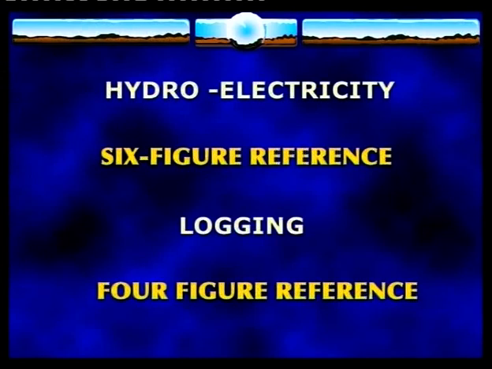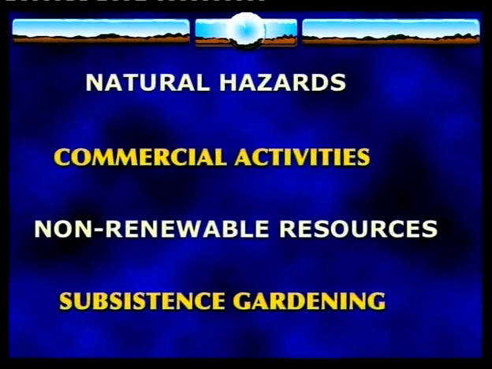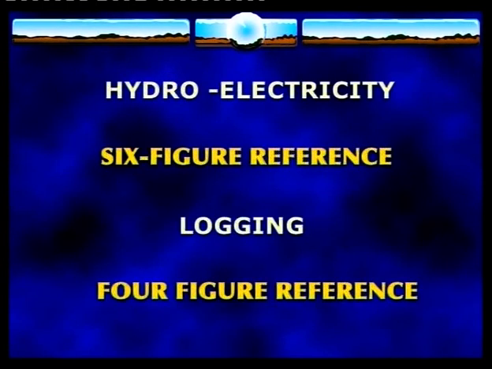Each group, or each group leader, is going to come and get a topic. Receiving students, the topics are hydroelectricity, six-figure reference, logging, four-figure reference, natural hazards, commercial activities, non-renewable resources, subsistence gardening, and receiving students, if you would like to add some more. All right, group 1, please come up and get yours. Group 2.